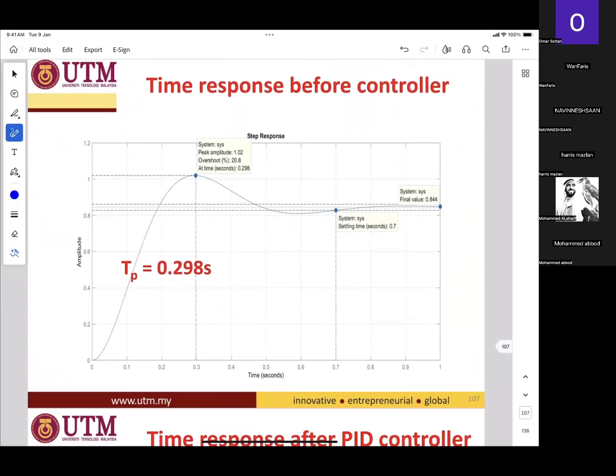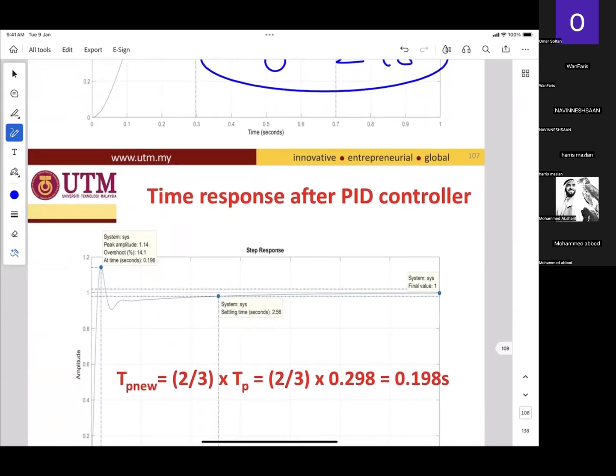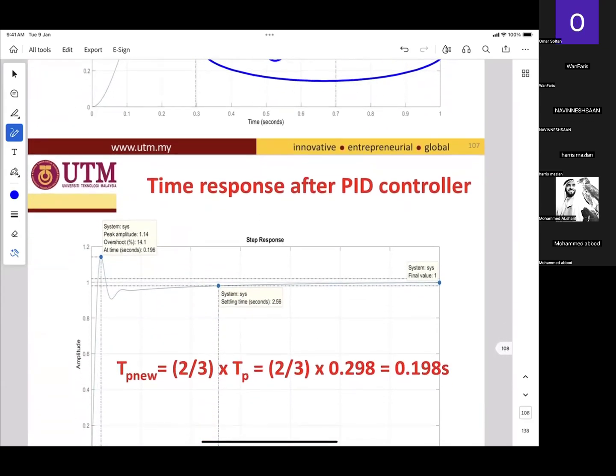So before the PID controller design, the peak time was 0.298. After, the peak time was 0.196.